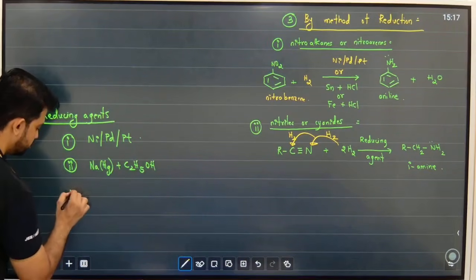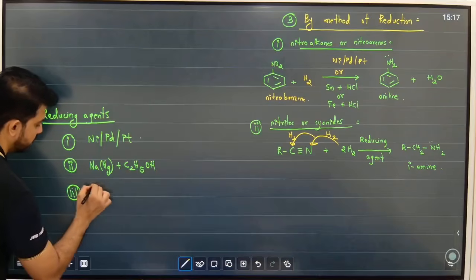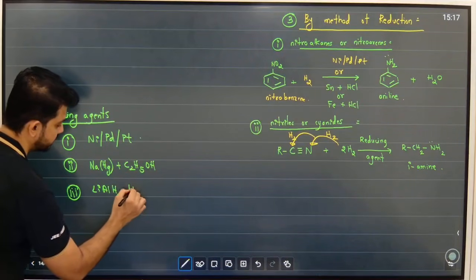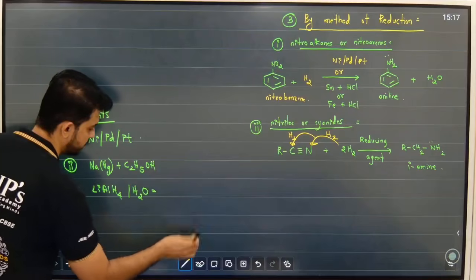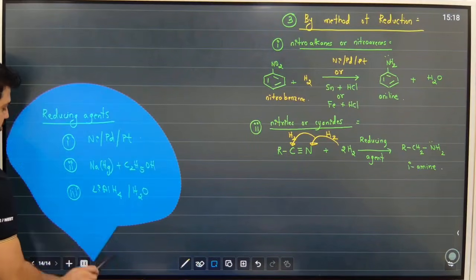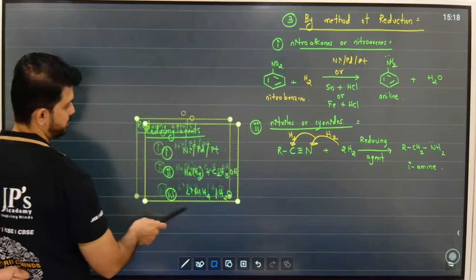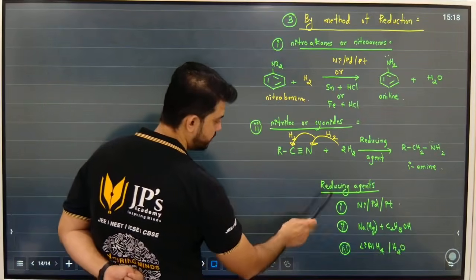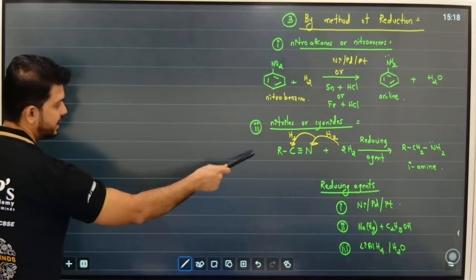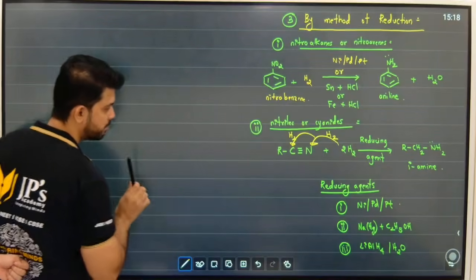We can also use lithium aluminium hydride. So these are the reducing agents that we can use for the next 3 reductions that we're going to do, people. Students, I have written the set of reducing agents. You can use these to perform the reductions. So nitriles or cyanides will produce primary amines.